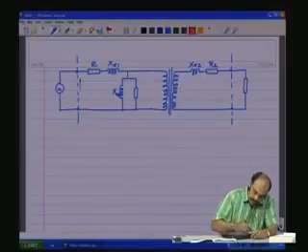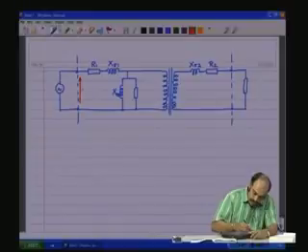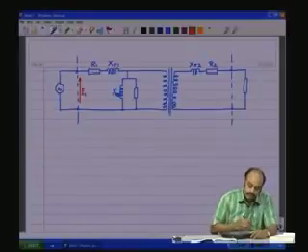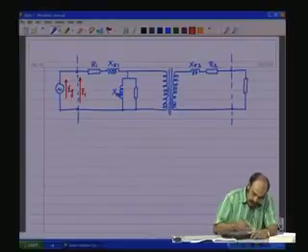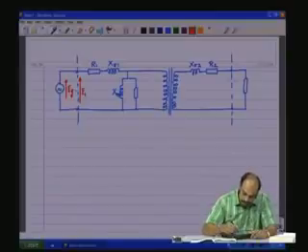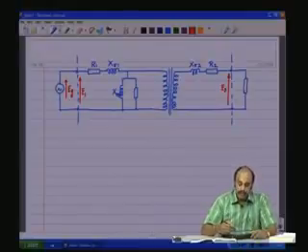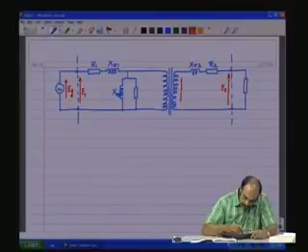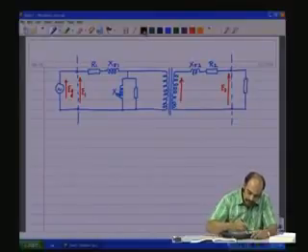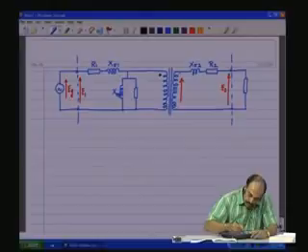So, this is E1, and of course, this is the generator voltage. This is the secondary terminal voltage E2. Now, let me introduce the dot polarity. These are the dot polarities. This is 1:n.